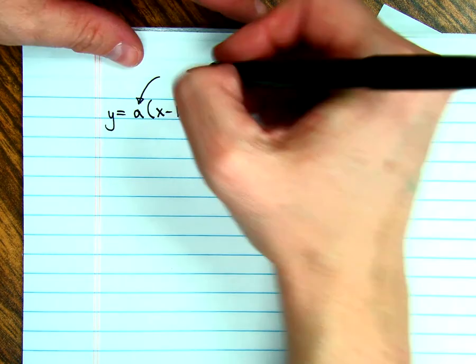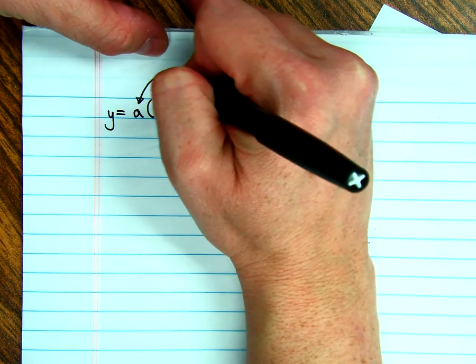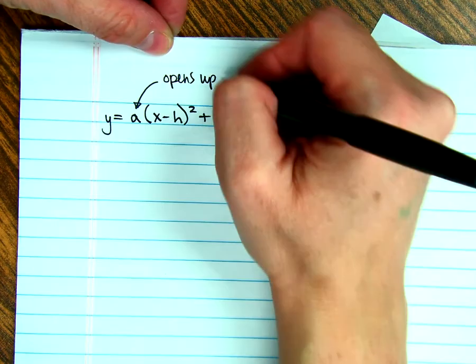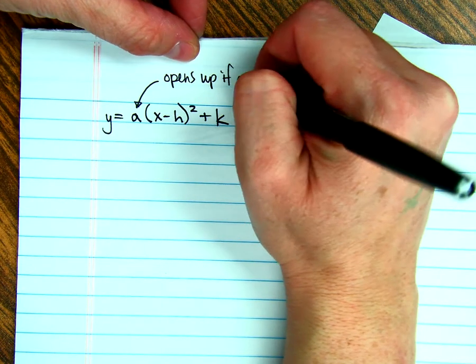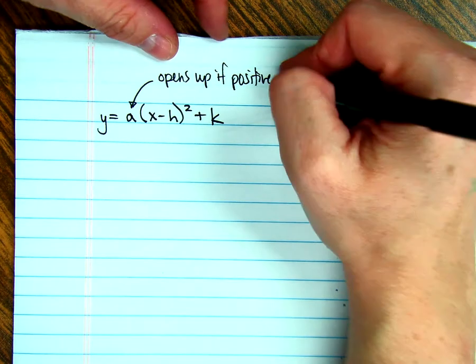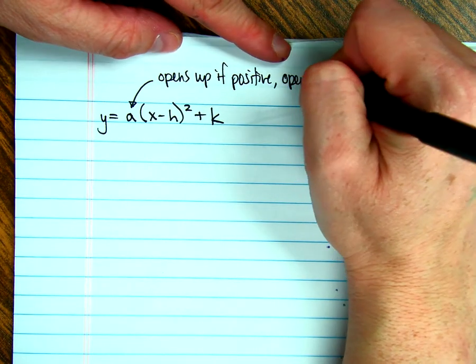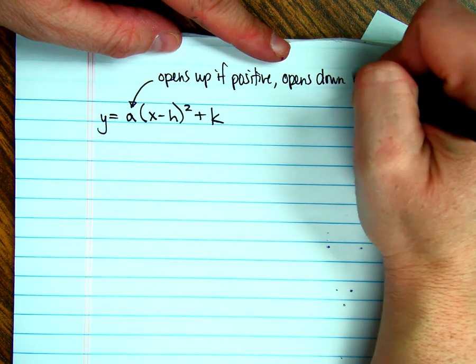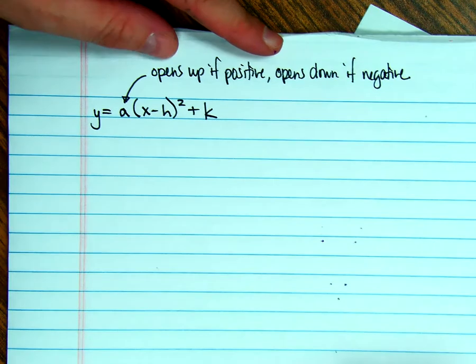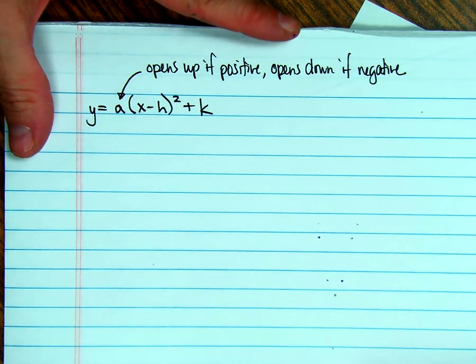So the a determines opens up if positive. It also determines if it opens down if negative. And what we have not talked about yet is what happens if a is not 1.